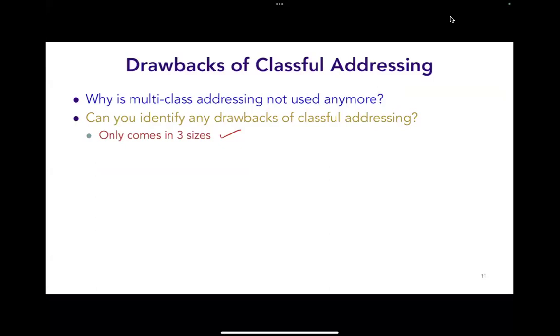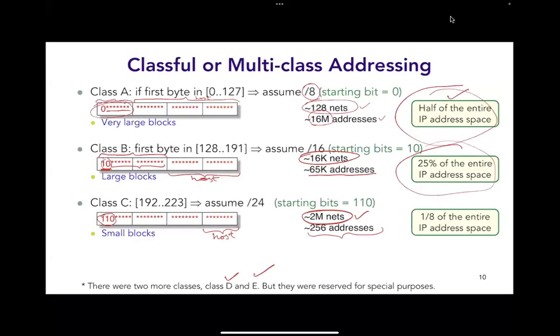They will obviously try to get a class B IP address, but that might be wasteful for them, because class B allows 65,000 addresses. An organization which requires more than 256 addresses cannot be accommodated in class C, so it would want a class B. This would be a wastage because there are only 16,000 class B blocks available to us.